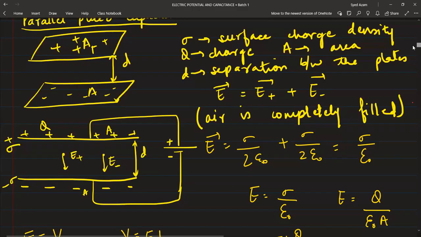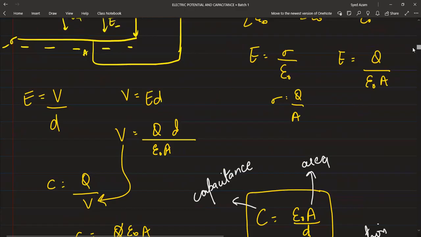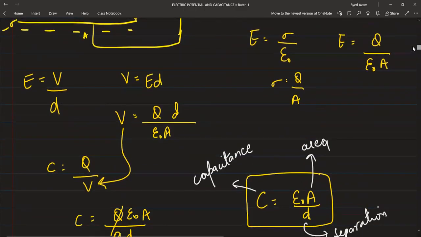The steps are the same. Calculate the net electric field, then calculate the potential using the formula E into d. Electric field is potential by distance, so when you multiply the electric field by distance, you get Qd by epsilon naught A. Then you have potential with you. You know the formula of capacitance as Q by V, so you put it here. I'm repeating the steps because in all of these, the steps are the same. First, calculate the net electric field of the plates.